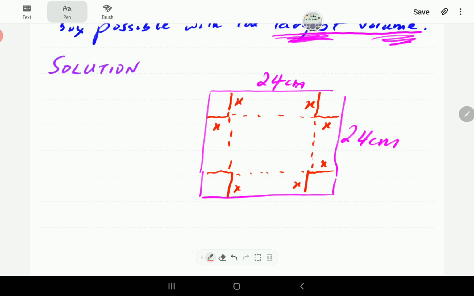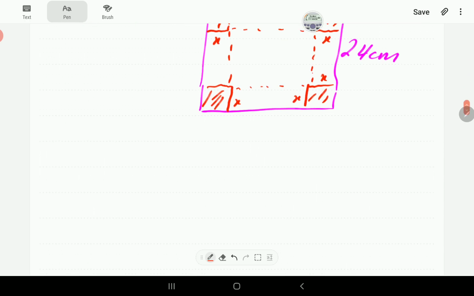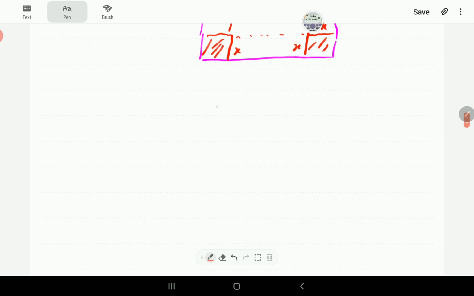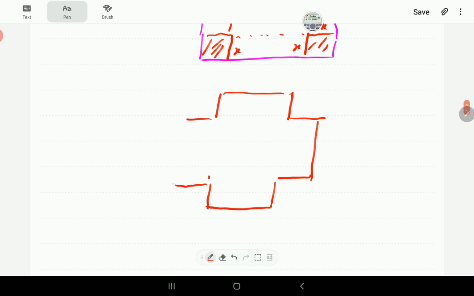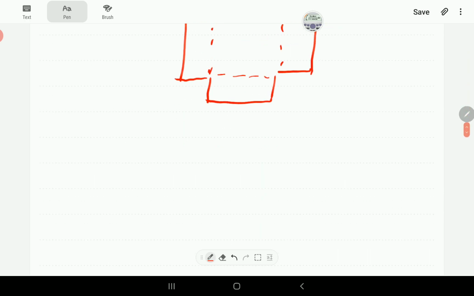Okay, so we are going to cut out these. When we cut out these, we are going to end up with something that looks like this. Now if we fold the flaps along the dotted lines, then we're going to end up with a box like this, an open box.